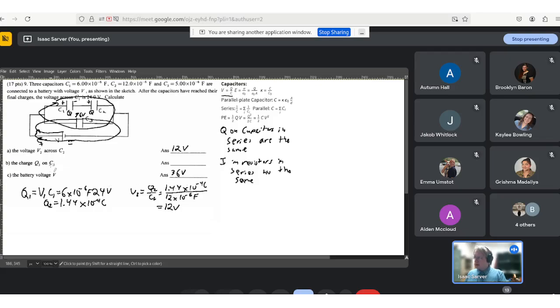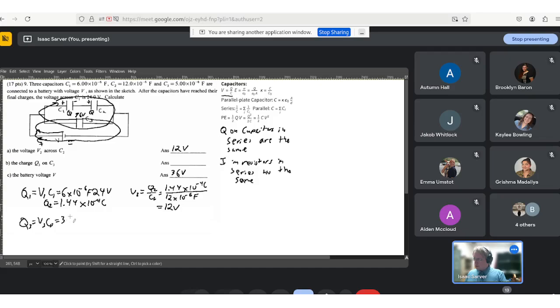But we also needed that for this guy here as well. It wants the Q. So we're back to Q3 is equal to V3 C3, which is what we needed for this guy as well. Okay, good.